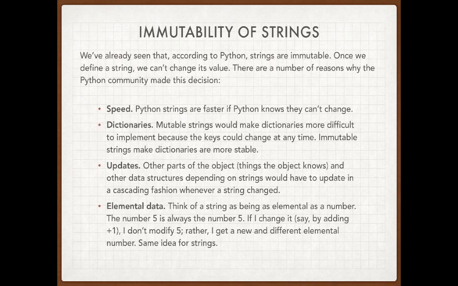But if I change it in any way, shape, or form, say just by adding 1, 5 hasn't changed. 5 is still 5. It's that I get a new number now, which is 6, and 6 is different. So one of the pieces of advice that I've been reading is that we should start to think about strings as being elemental and primitive in the same way that we think about numbers. Maybe that's helpful.